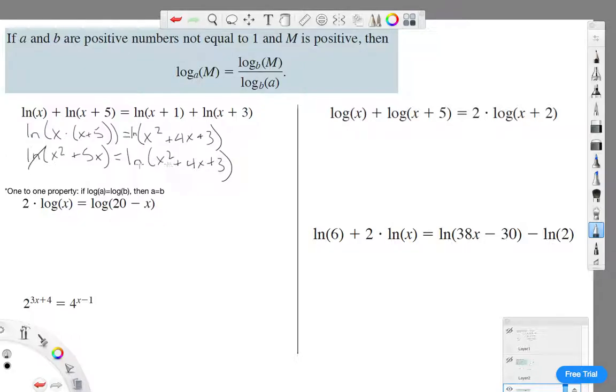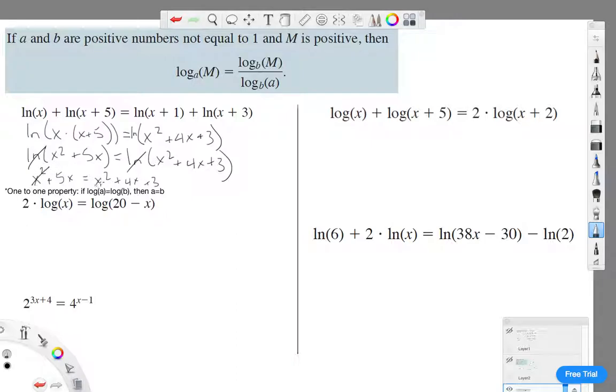Get rid of that, and we're left with x squared plus 5x equals x squared plus 4x plus 3.